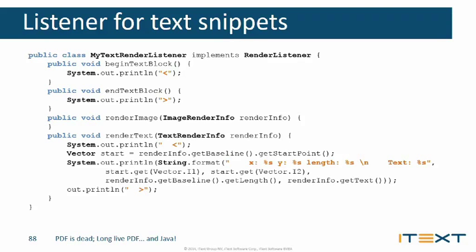When a text block ends, we write a greater than sign. We just skip images, so the render image method is not implemented. And for texts, we have this text render info, which contains all the positioning information and font information about a piece of text. So we will just write out the coordinates, the length of the text, not length in terms of characters, but length in terms of pixels or user points, and then the text itself.